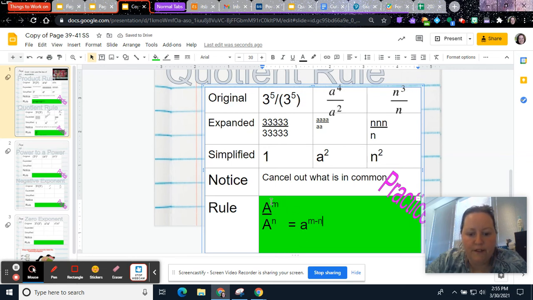So all we have to do is, we're going to have the same base, and we subtract the exponents.